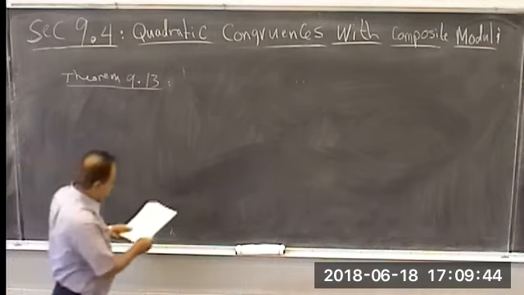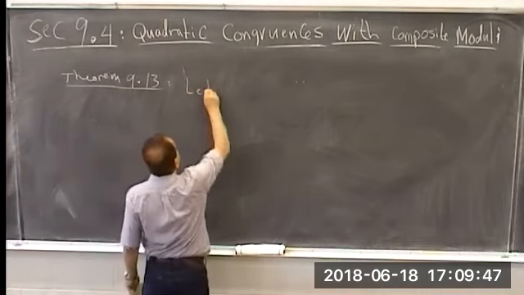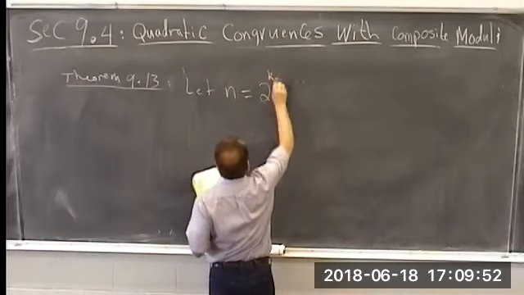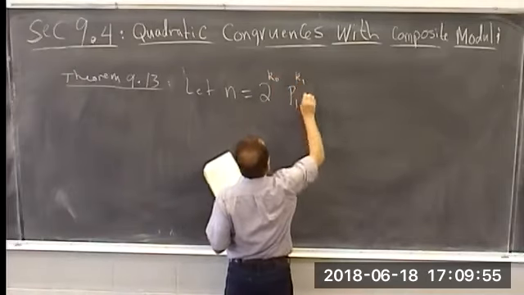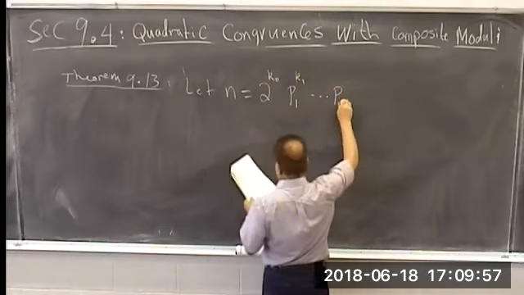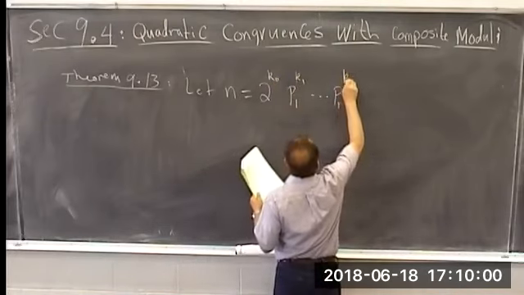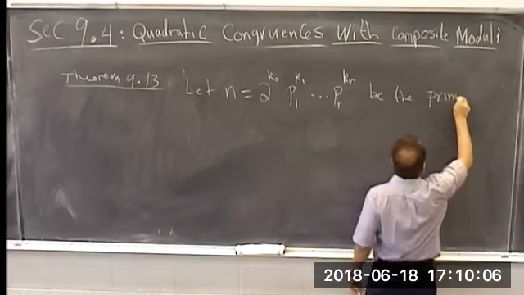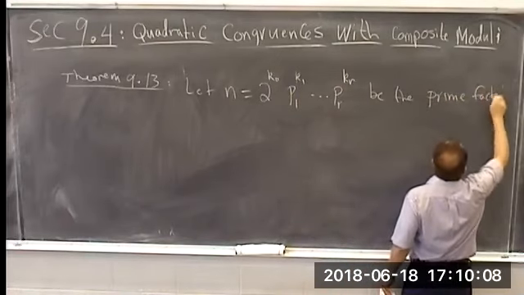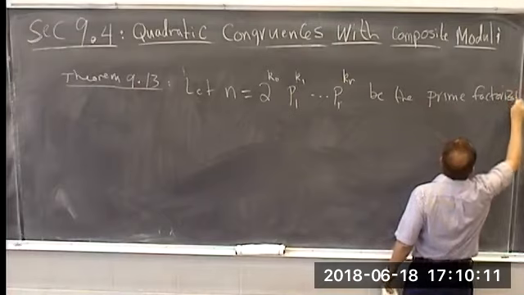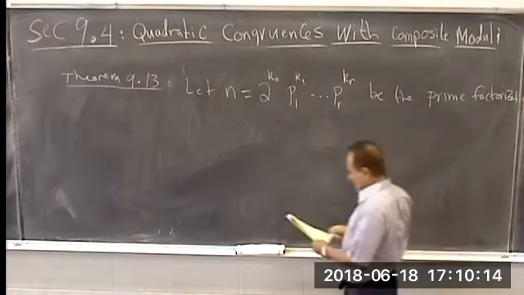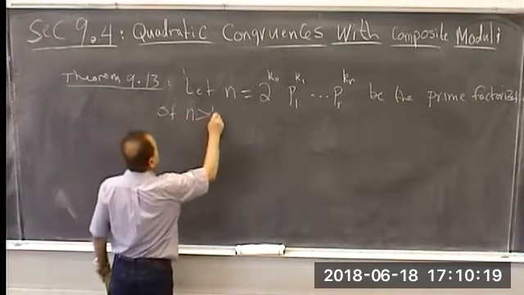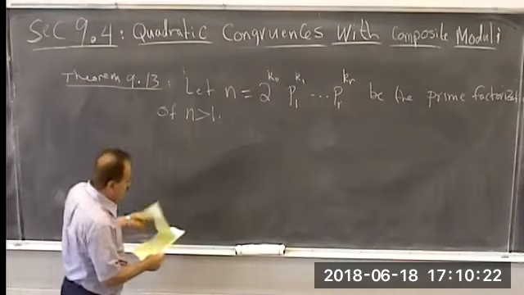Okay? And in it here it says this: let n be an integer bigger than 1, with prime factorization p sub 0 to the power e1, p1 to the power k1, up to p sub r to the power k sub r.